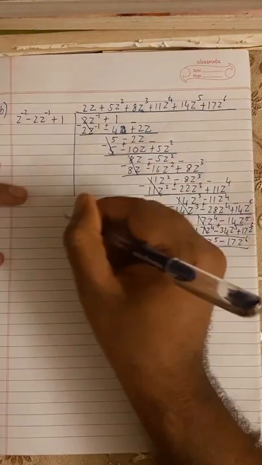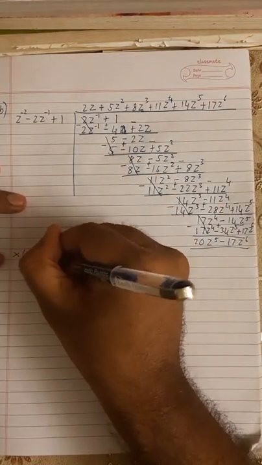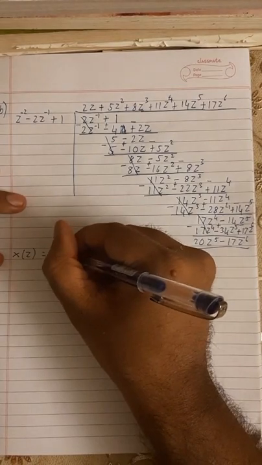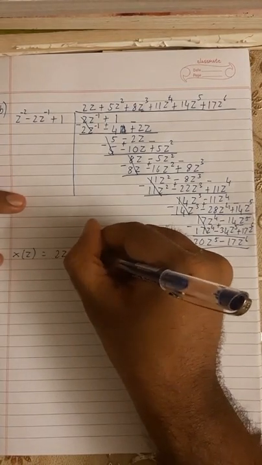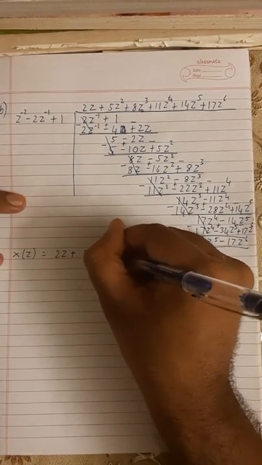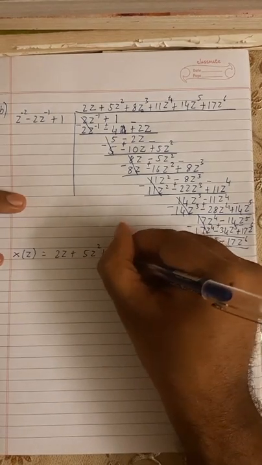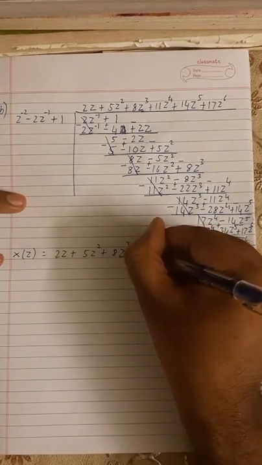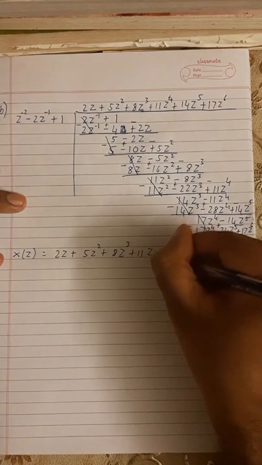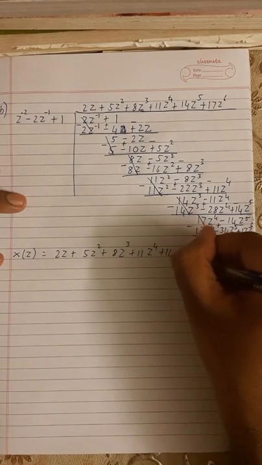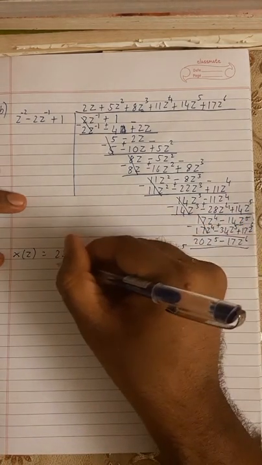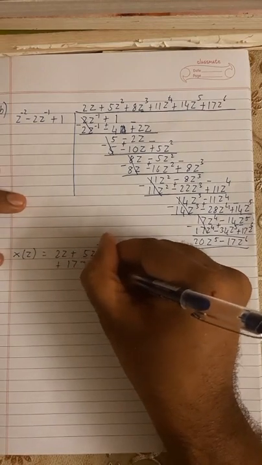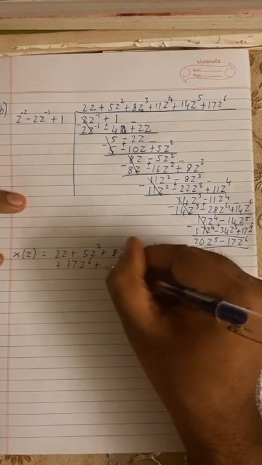In other words, your X of z is nothing but 2z plus 5z square plus 8z raised to 3 plus 11z raised to 4 plus 14z raised to 5 plus 17z raised to 6 plus, and it goes on.